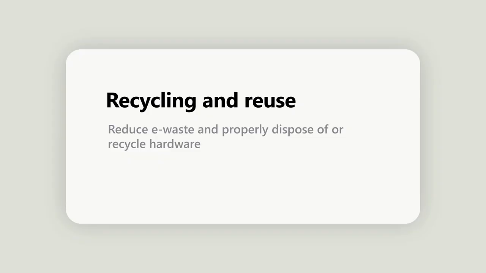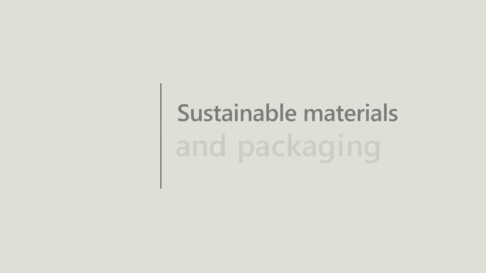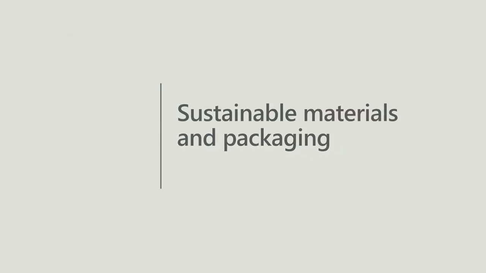Organizations should partner with certified e-waste recyclers and refurbishers to ensure proper disposal and recycling of hardware components. Choosing hardware components and equipment that are manufactured using sustainable materials and eco-friendly packaging can further reduce the environmental impact of on-premises infrastructure. Many vendors are now offering products with recycled or biodegradable materials, minimizing the use of harmful substances and reducing waste.